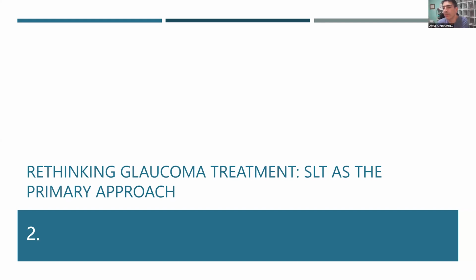Or we're talking about primary angle closure glaucoma. So this patient has had high pressures, has optic nerve damage. That's what we were talking about, right? So you did an iridotomy and the angle's open.